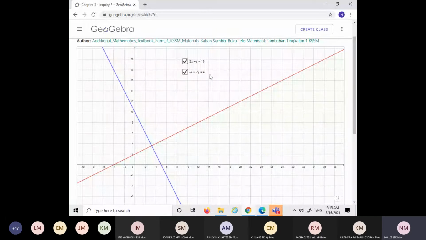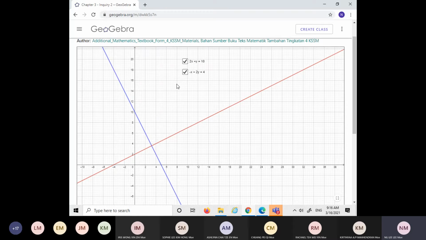If we want to solve it simultaneously, the answer will be here, at the intersection of these two graphs. You read down, this is the x value, and then you go to the left, this is the y value. So this system of linear equations in two variables can be solved by the graph method, and also other methods that you have learned.